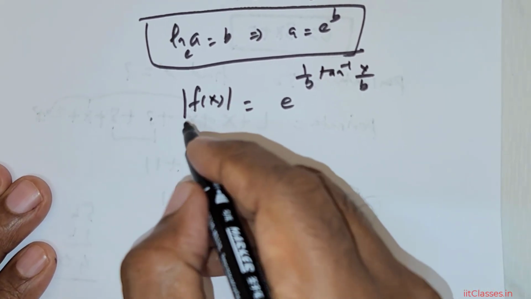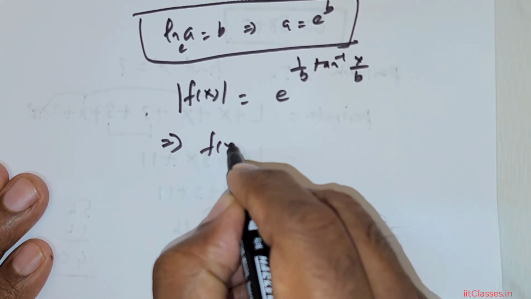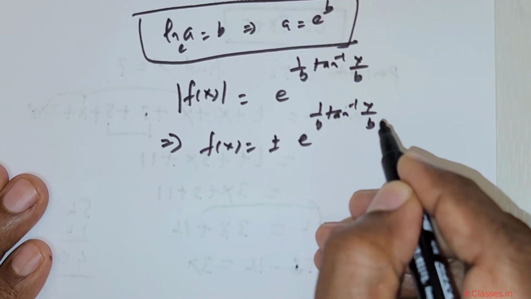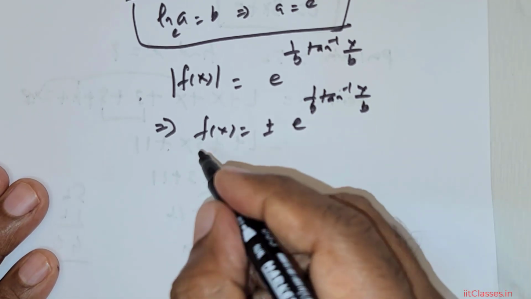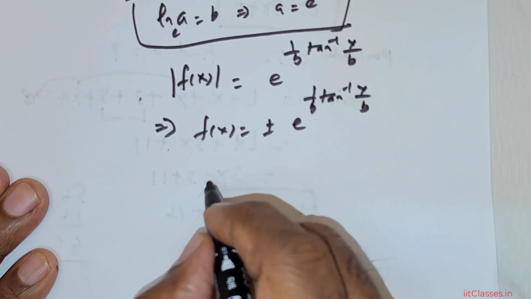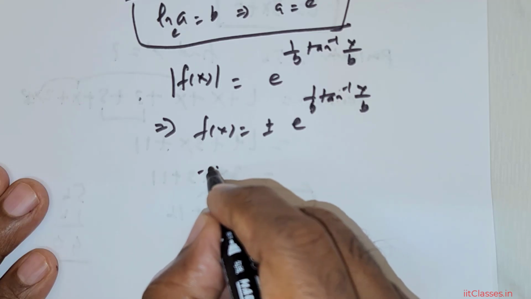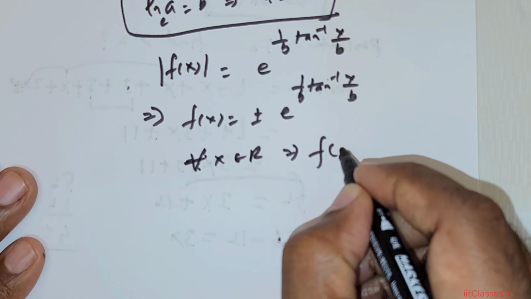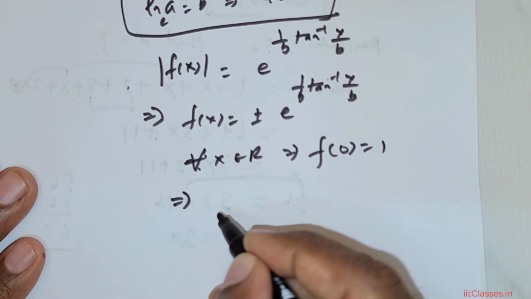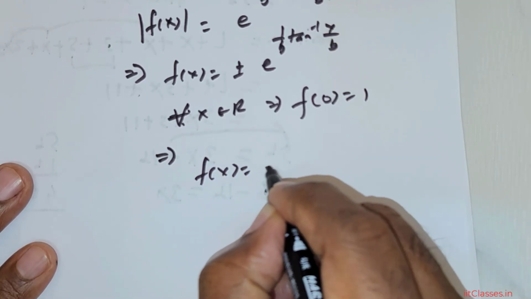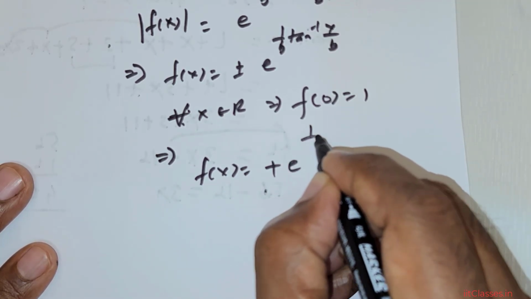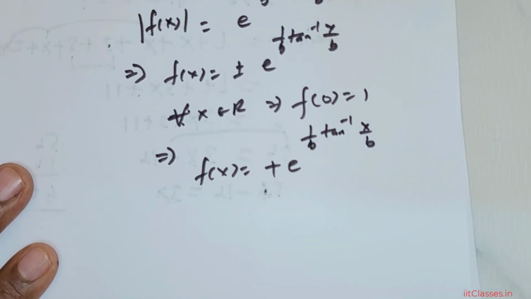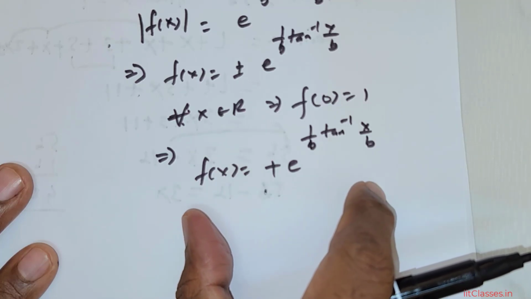Now, if I want to get rid of this modulus, I would have to rewrite this as plus or minus e raised to the power of 1 over b tan inverse of x over b. Now, we are given that f of 0 is equal to 1. This in turn would mean our function will only be the positive e raised to the power of 1 over b tan inverse of x over b. Okay, so this is got.